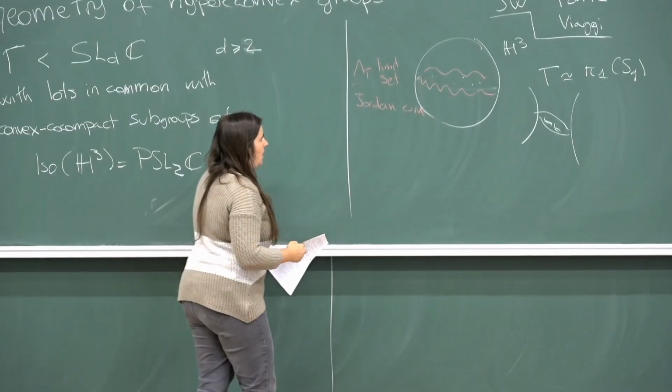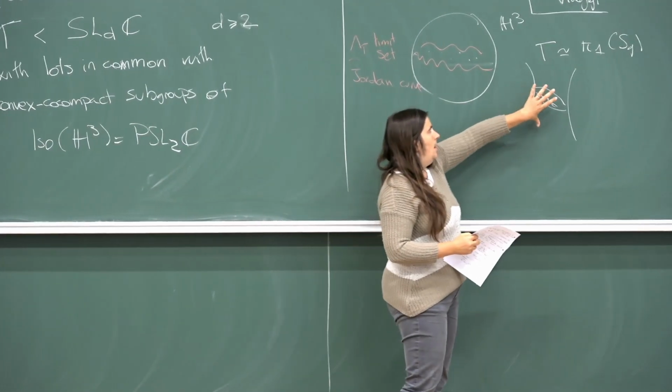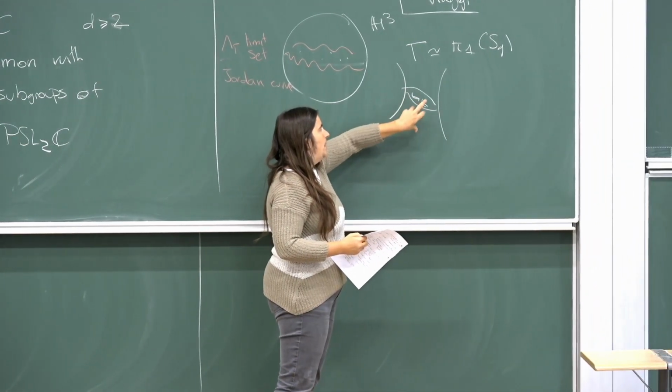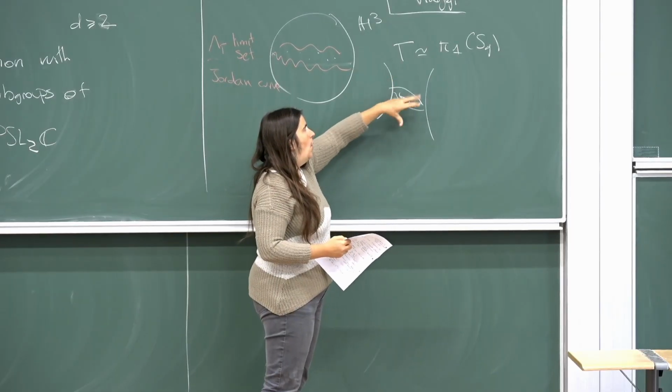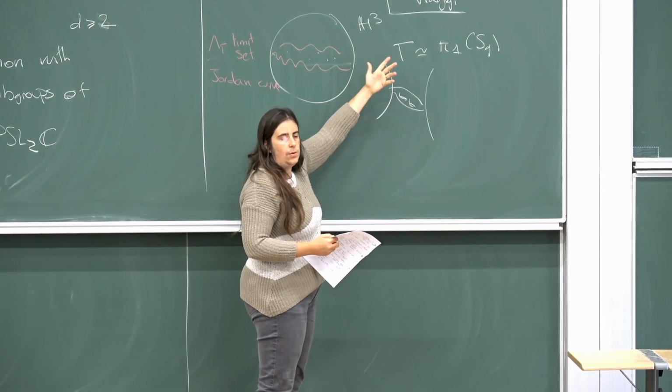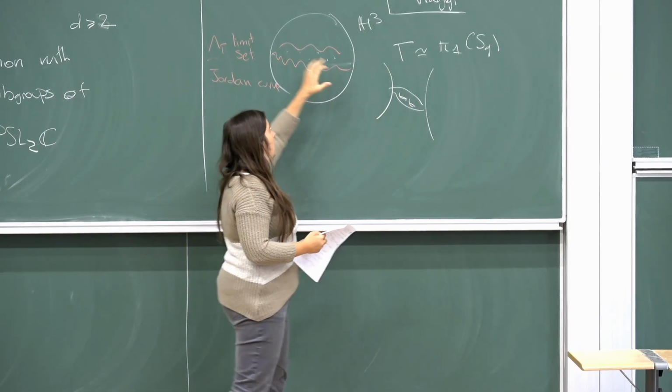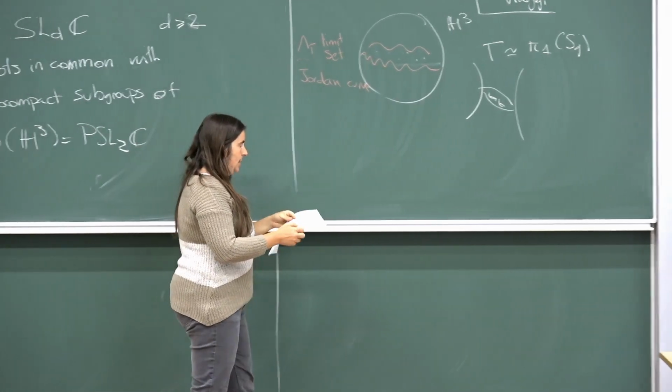And there are lots of different topological types of infinite volume manifolds, or open manifolds, that support a hyperbolic metric so that this action is convex cocompact.